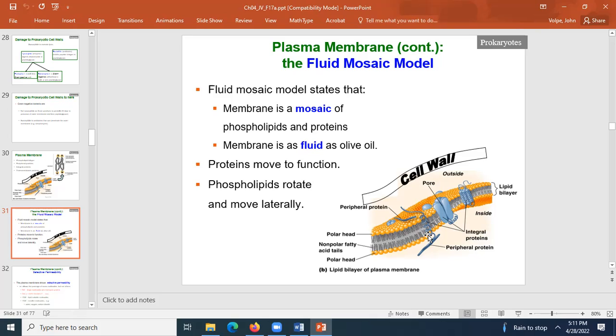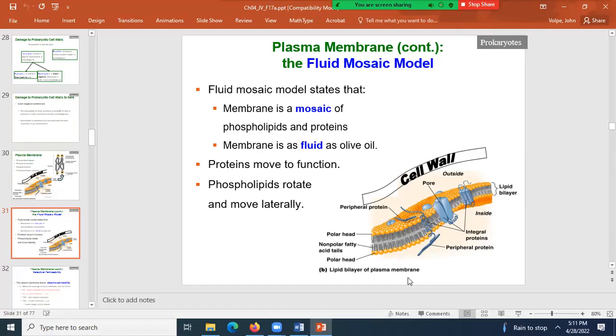The proteins move about to function. And those of you who've taken A and P, you know that when a receptor protein binds to a membrane on the surface of a cell, those proteins move together.